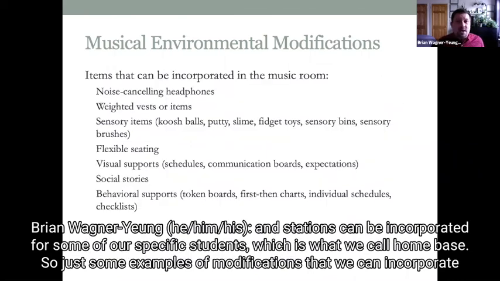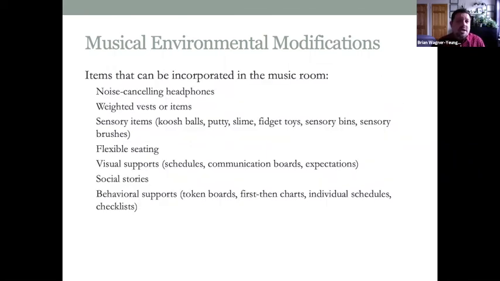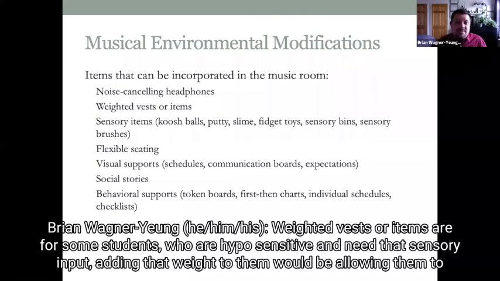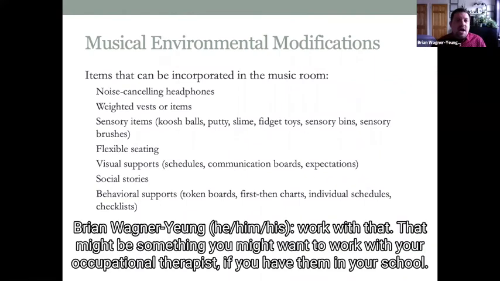Just some examples of modifications that we can incorporate is noise canceling headphones. If you have students who are hypersensitive to sounds, noise canceling headphones block out the sounds. Weighted vests or items. For some students who are hyposensitive and need that sensory input, adding that weight would allow them to work with that. That might be something you want to work on with your occupational therapist if you have them in your school.